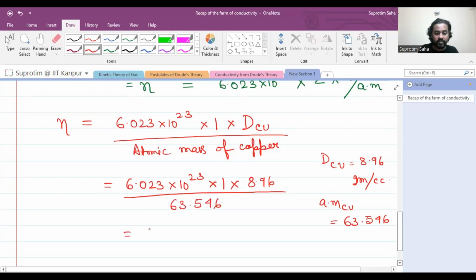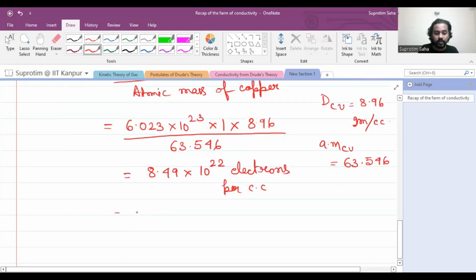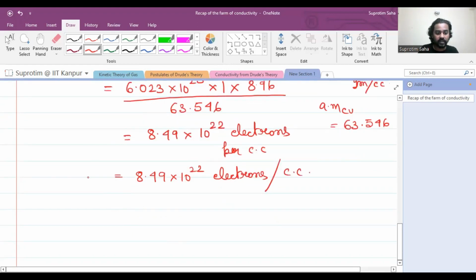This comes out to be 8.49 into 10 raised to 22 electrons per cc.